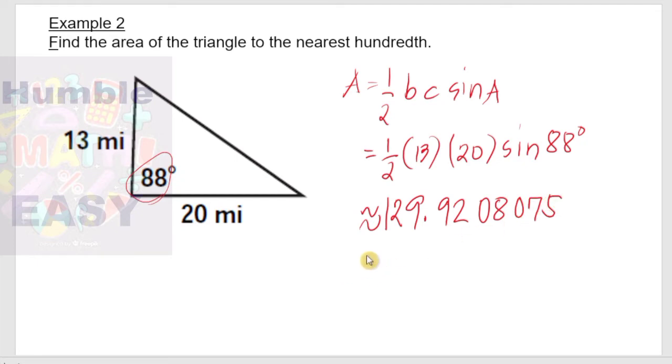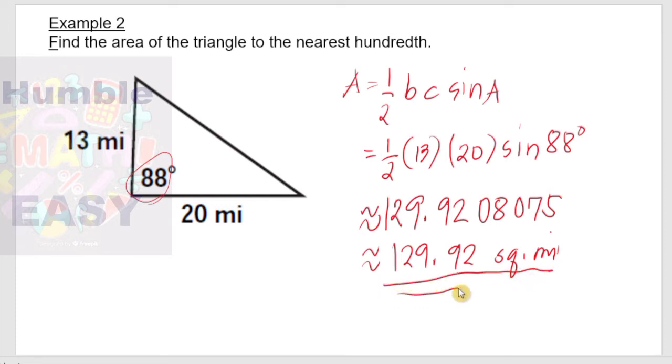Since it is rounded off to the nearest hundredth, we now have 129.92 square miles. So that is the answer to problem number 2.